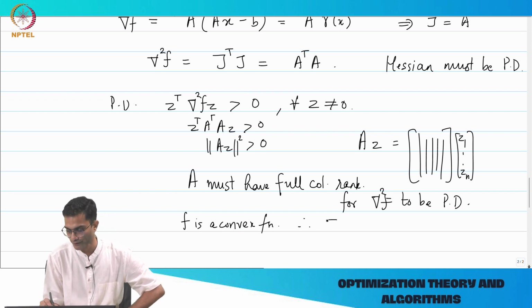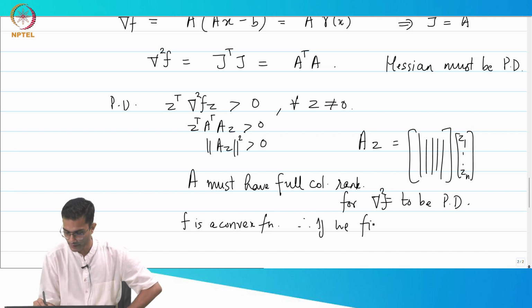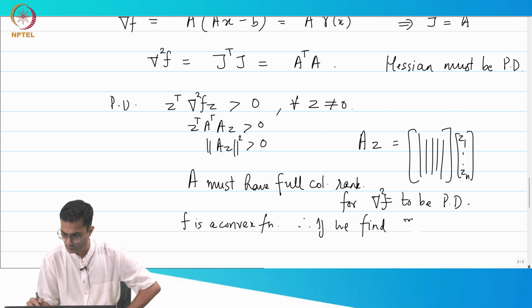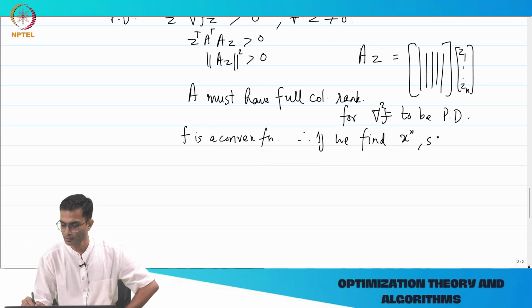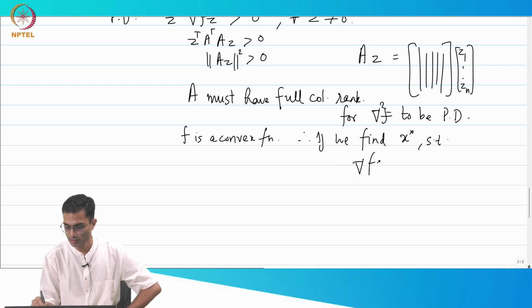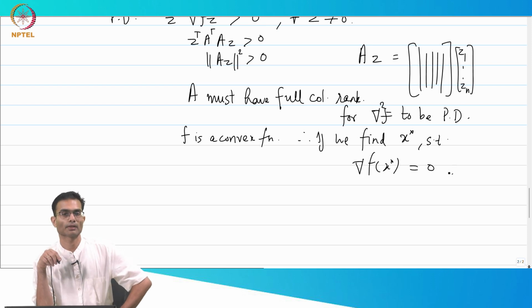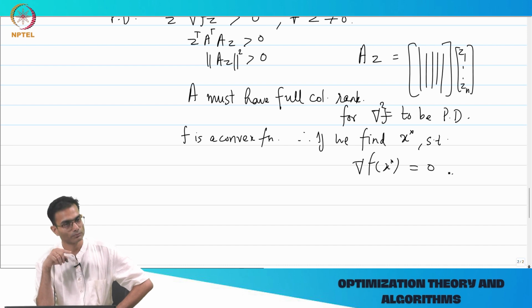Therefore, if we find some point x star such that grad f of x star is 0, are we done? Then we are done.